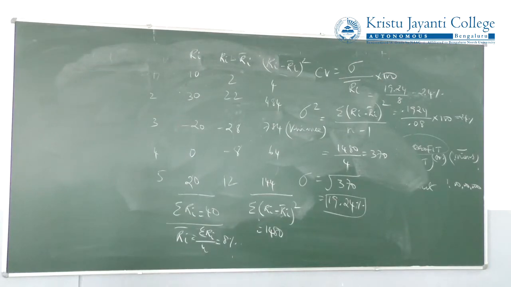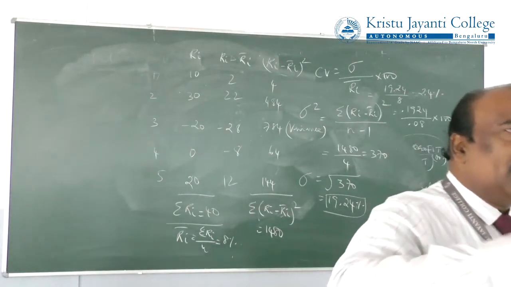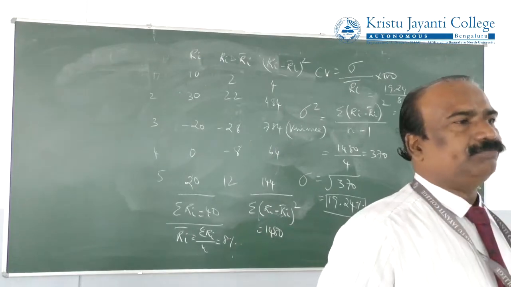Higher the consistency, lower the variability, low risk. Lower the consistency, higher the variability, higher risk. Is that clear? So CV should be compared with another company stock.